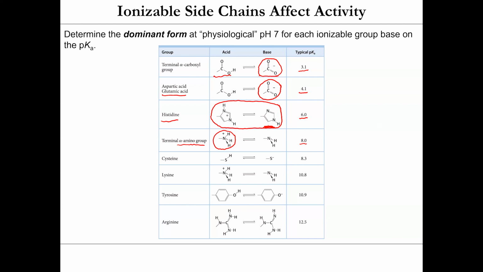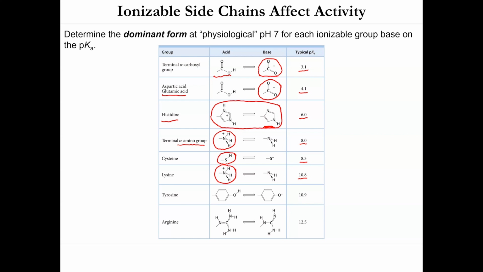Now, going down the line, cysteine and the rest of them, basically the acid is going to be the dominant form. Cysteine has an ionizable side chain, its pKa is 8.3, and the protonated form is going to be the dominant form at that pH. Lysine, its amino group has a pKa of 10.8, and so this is going to be the dominant form, the positively charged form.